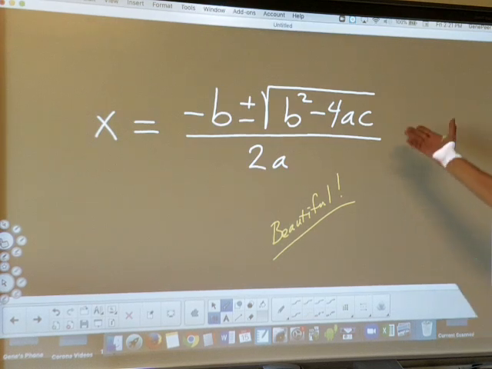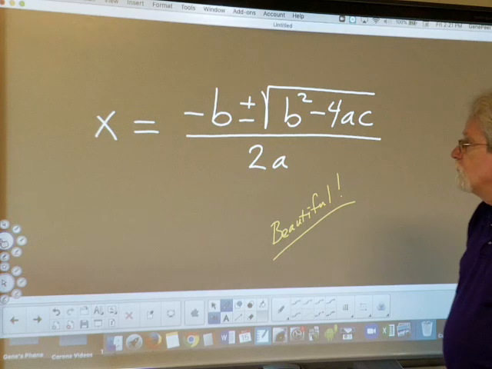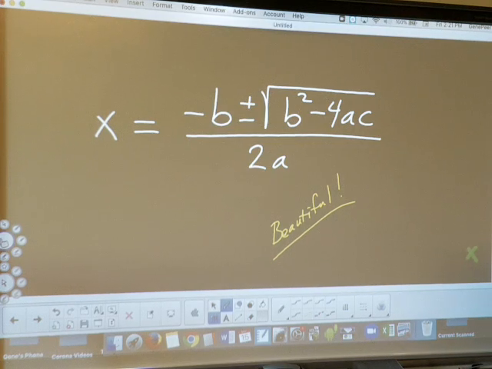And in conclusion, the quadratic formula. Behold its beauty. In fact, let me step completely out of the picture here and let you just focus on the beauty of that formula. x equals inverse b plus or minus the square root of b squared minus 4ac, all over 2a. Beautiful.